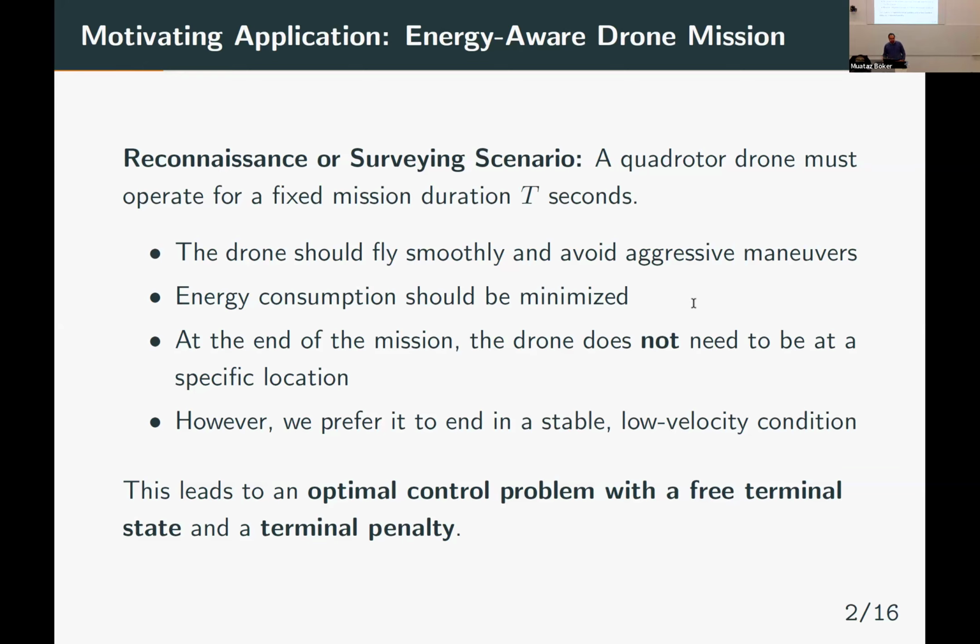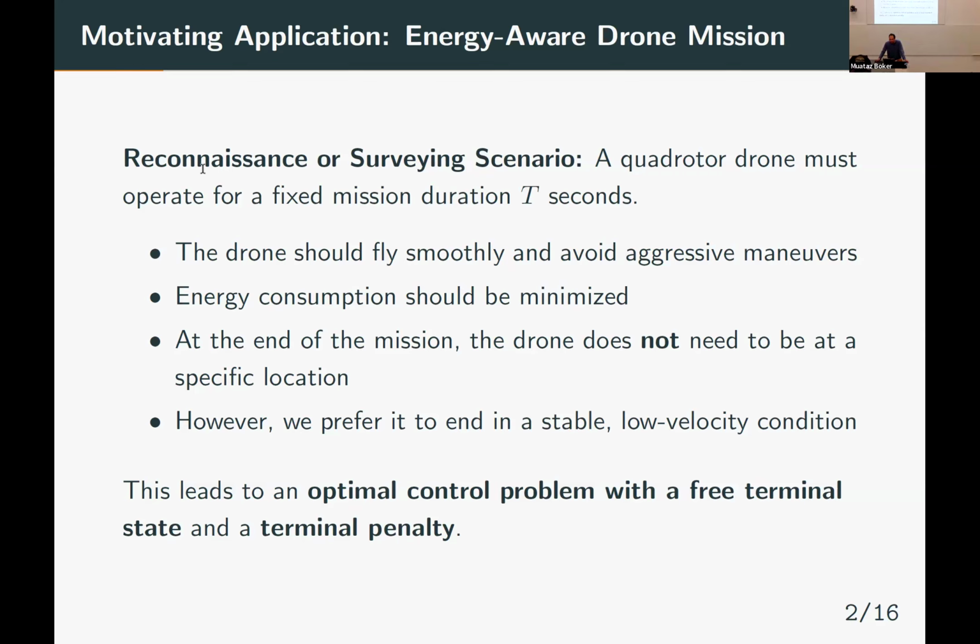Typically, this is a military application, but also this application can be found in security purposes in general, even commercial security, and also for surveying geographical areas. So, they are also known as reconnaissance or surveying scenarios.